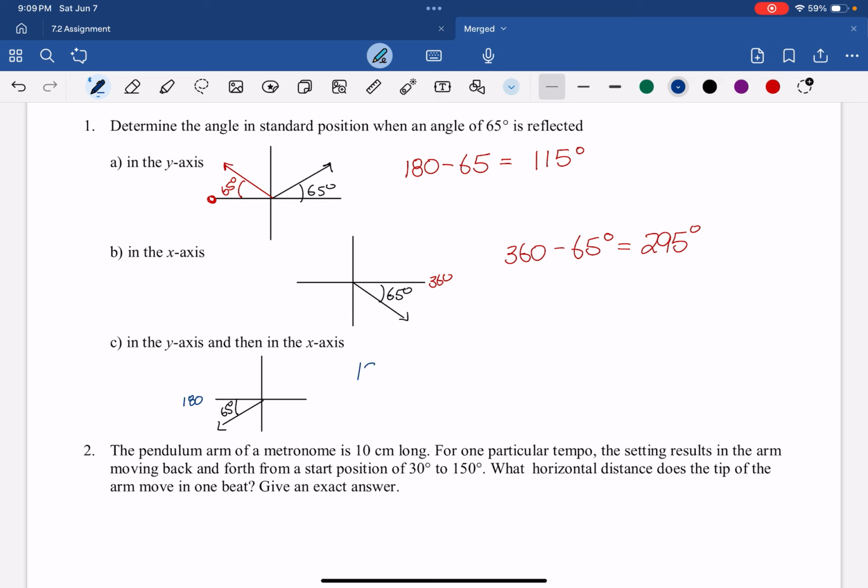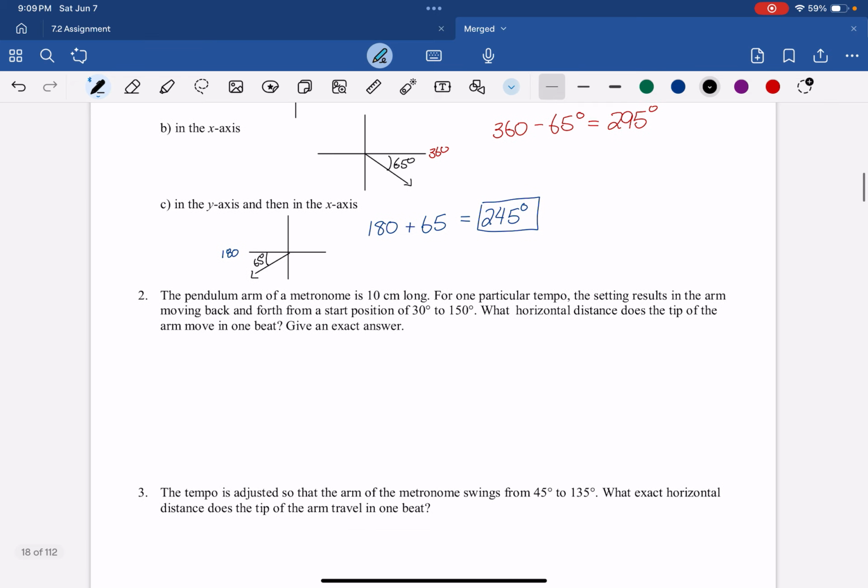So to get that angle, I'd have to take 180 plus the 65 because I'm going past that x-axis. So then the angle of rotation here will be 245 degrees. Okay, so this is just using our angles. The next two questions are going to use exact values.